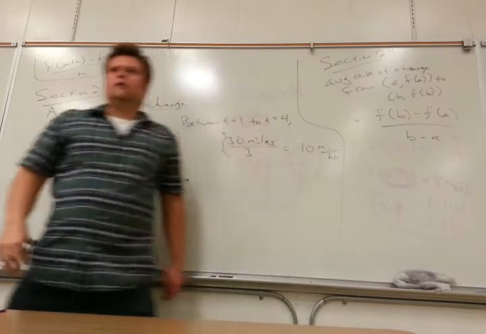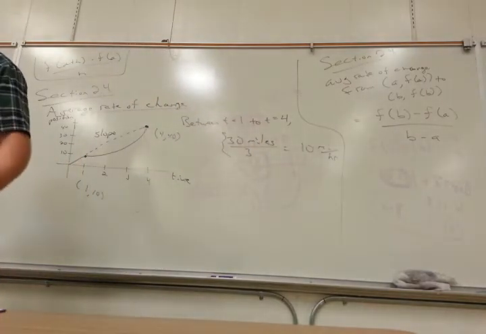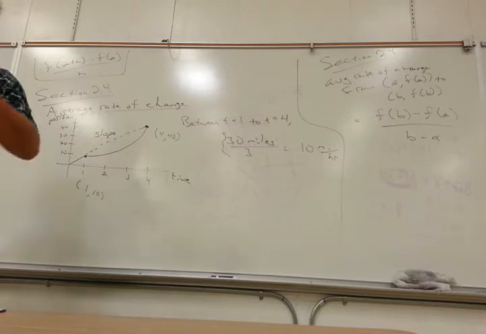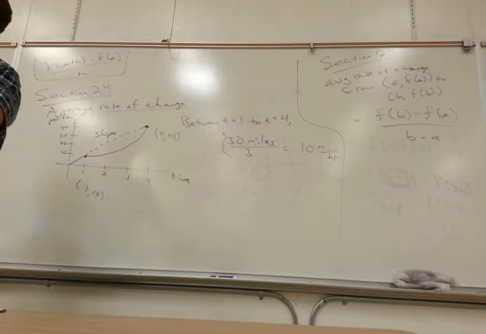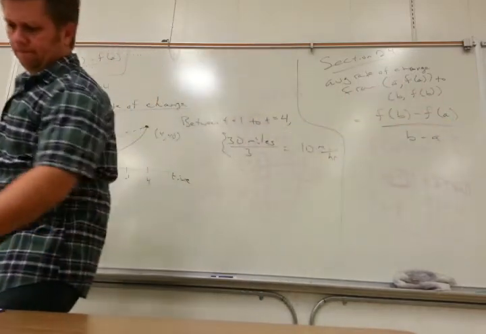This is old news. This is slope. But we're putting it in a slightly different context, and the formula doesn't look immediately familiar, but it really is just y2 minus y1 over x2 minus x1.